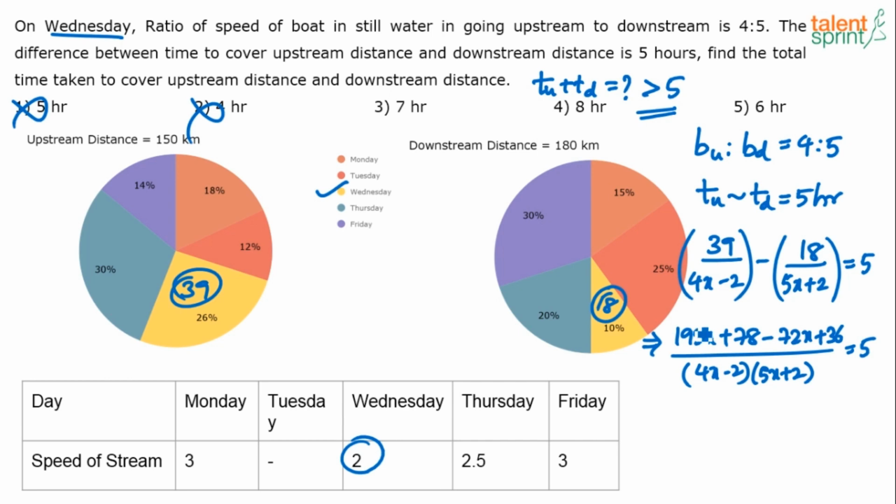So 195 minus 72 is what? This is going to be 123x. 78 and 36, how much? 114.